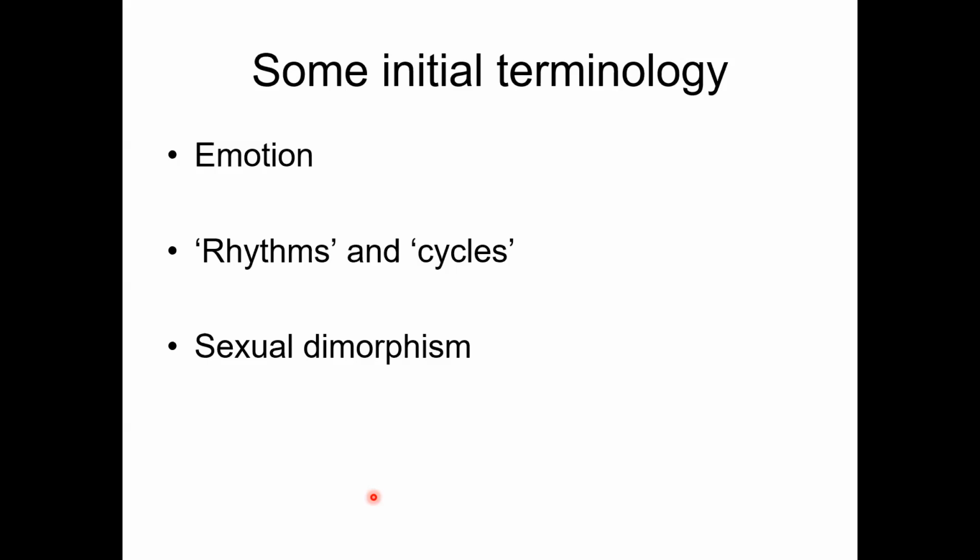So that's that. Number two, you'll be hearing about rhythms and cycles. So I'll just clarify here. Rhythms basically are daily things. So if there is a change in anything, like temperature going up and down during a day, that's a rhythm, while a cycle is more of a monthly thing, or it spreads out over many days.